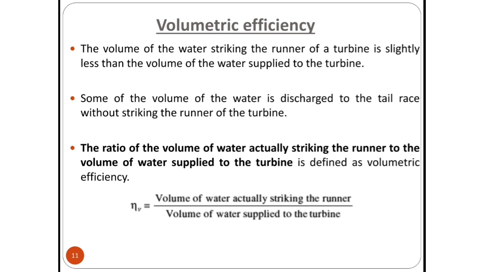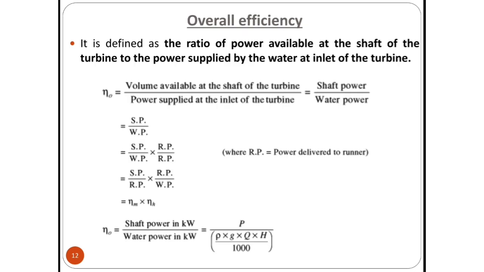Some volume of water is discharged to the tail race without striking the runner of the turbine. The ratio of the volume of water actually striking the runner to the volume of water supplied to the turbine is called volumetric efficiency. So we can express it as eta V is equal to the volume of water actually striking the runner divided by the volume of water supplied to the turbine at the inlet.